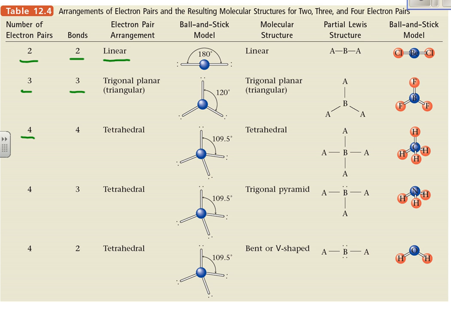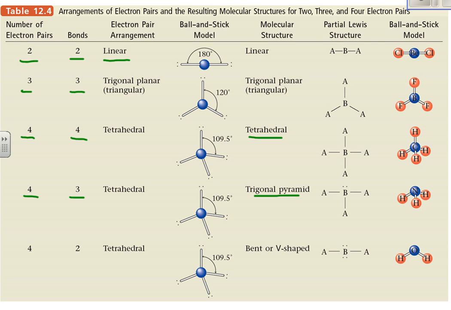If we have 4 electron pairs and all of them are bonding, we end up with a tetrahedral, and the preliminary shape is the final shape. If we have 4 electron domains, but only 3 of them are bonding, so there's one lone pair, we end up with a preliminary shape that's tetrahedral, but then a final shape that's trigonal pyramidal.